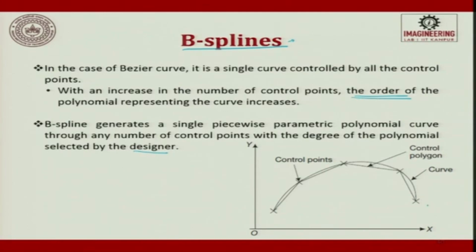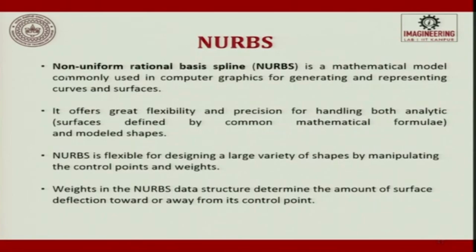But the equal weightage given to the control points was still a limitation. So, then came the next advancement called NURBS. NURBS stands for non-uniform rational basis spline, a mathematical model commonly used in computer graphics for generating and representing curves and surfaces.